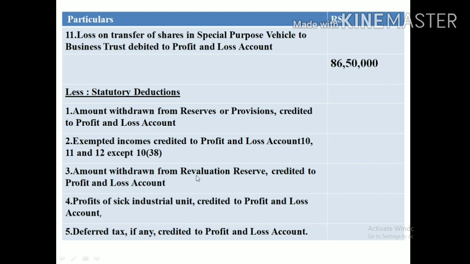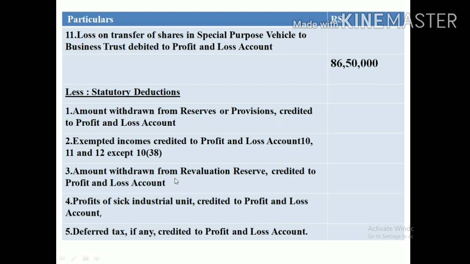Then amount withdrawn from revaluation reserves. The first item is withdrawal from the reserves other than revaluation. If they specifically give amount withdrawn from revaluation reserve, that should be taken here. If they give just withdrawal from the reserve, you should take it in information number 1.